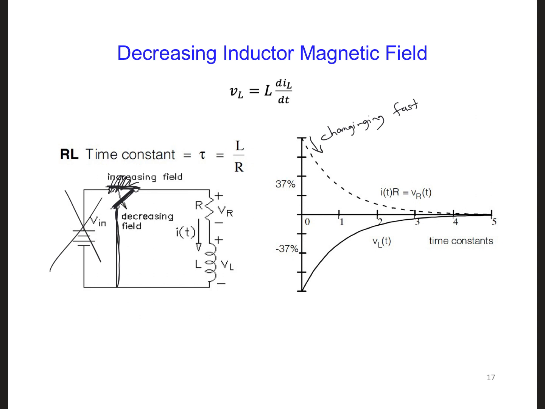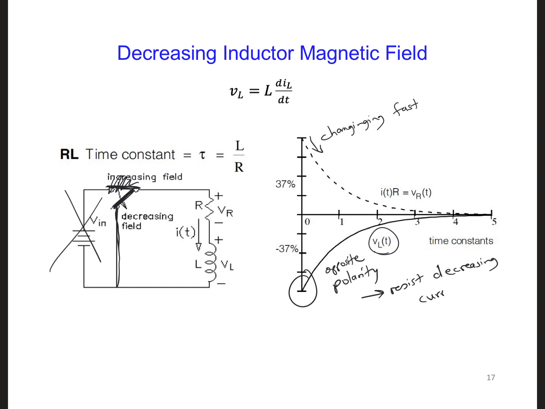And so we're going to get a large voltage again across that resistor, but it has an opposite polarity to what we saw before when the inductor was charging or increasing its magnetic field. That's because it wants to resist the decreasing current.